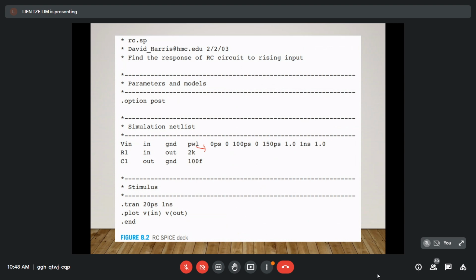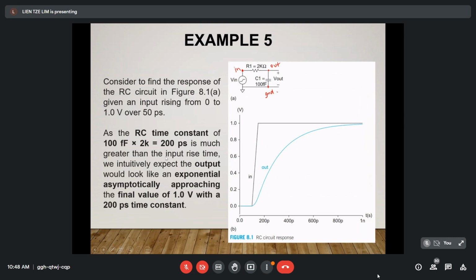This is L. And this is the pulse amplitude and the time when it is input to the circuit. Then R1 here is connected to the nodes in and out. I label accordingly so that you can check both the circuit and the SPICE code.